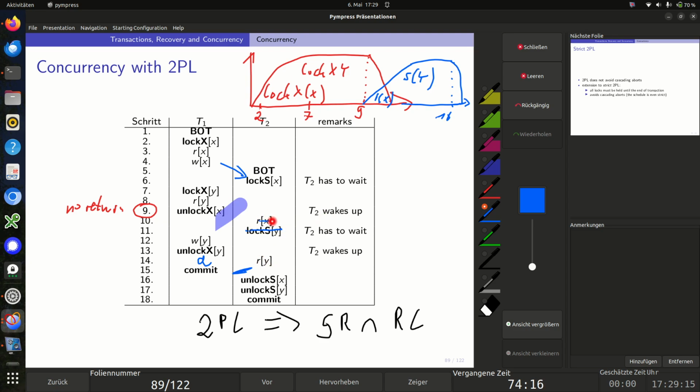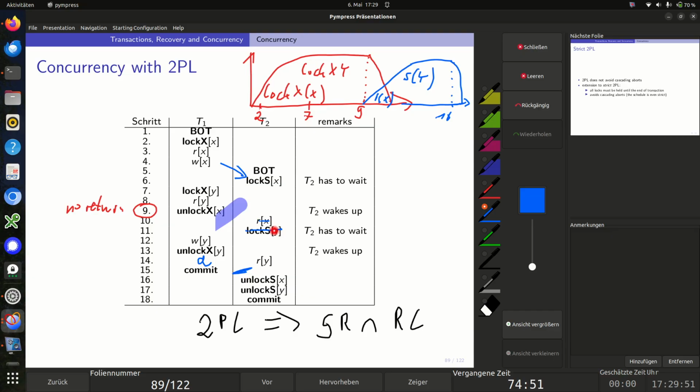How can we ensure avoiding cascading aborts? It's just about the locks, with regard to the commits. The unlocks should be done directly before the commit.